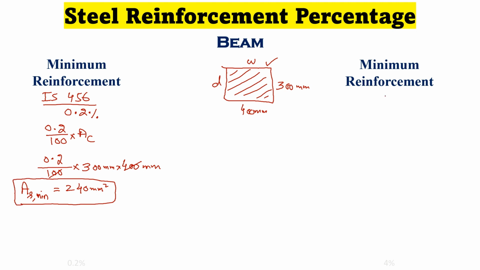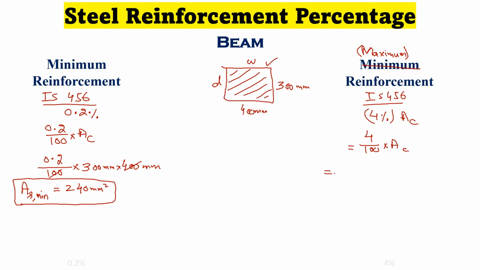So what will be the maximum reinforcement? This is not the minimum, this is the maximum reinforcement. On the right side, we will have the maximum reinforcement. What is the maximum reinforcement for a beam cross section according to IS 456? It is mostly 4% of the cross-sectional area of the beam. So in fractions, it will be 4 divided by 100 times the area of cross-section of the beam.